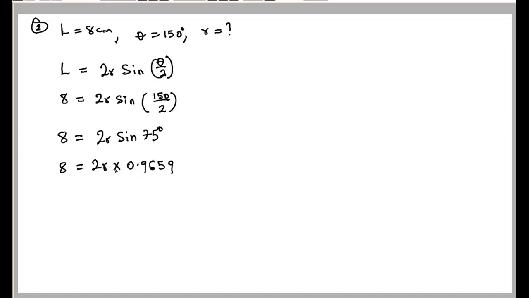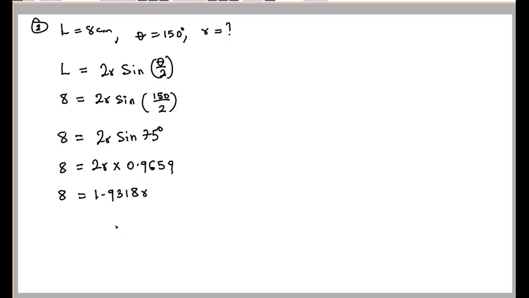So multiply it by 2R. Multiply 0.9659 by 2, we get 1.9318. So multiplying by R as well should be 1.9318 R.